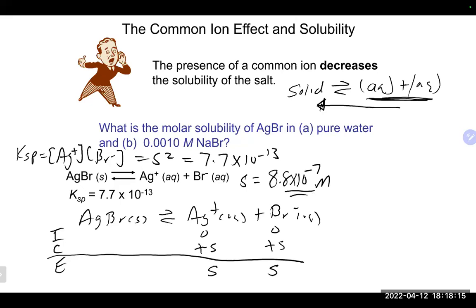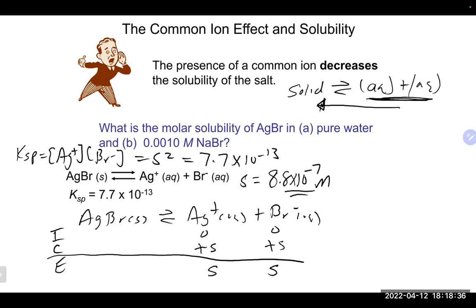That is the molar solubility of silver bromide in water, which for reference is roughly 0.00016 grams per liter. Again, a very small amount.